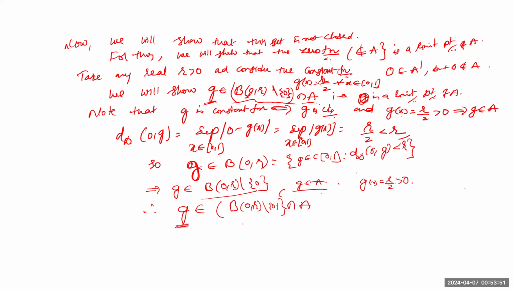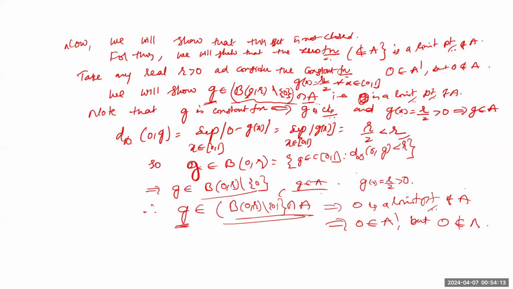So the element g is contained in this. So that implies 0 is a limit point of A. That implies 0 belongs to A dash, but 0 does not belong to A. Hence, if every limit point is a point of A, then it is closed.